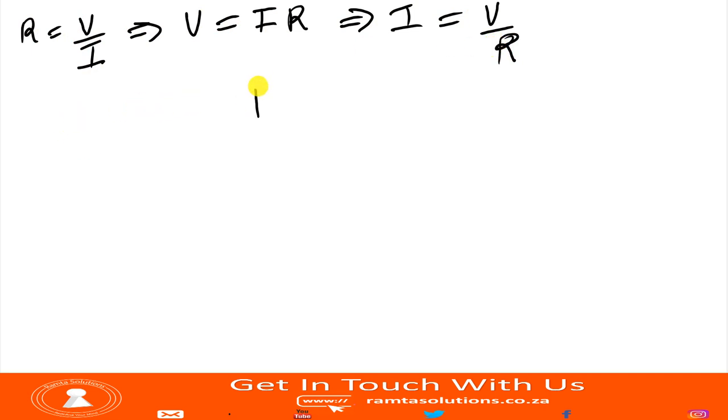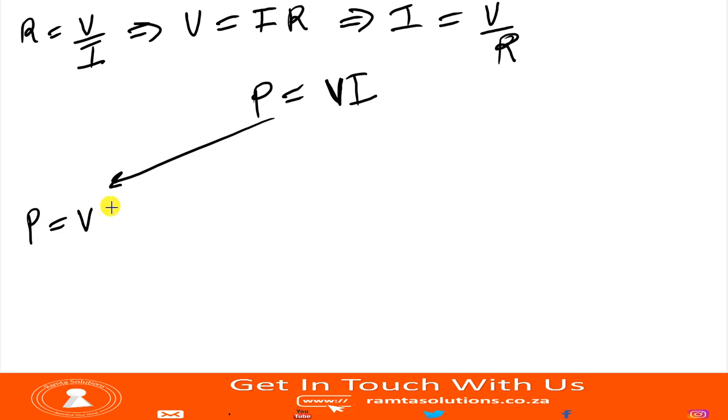We are saying that power is equal to... Now I'm going to break this down. If I don't have current and I have potential difference and resistance, I know I can say I is equal to V over R.